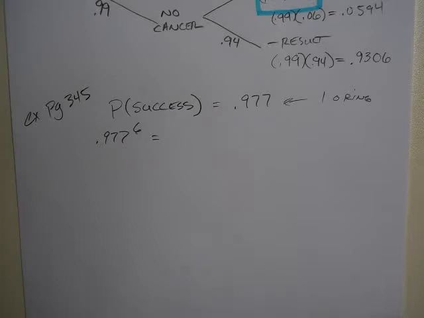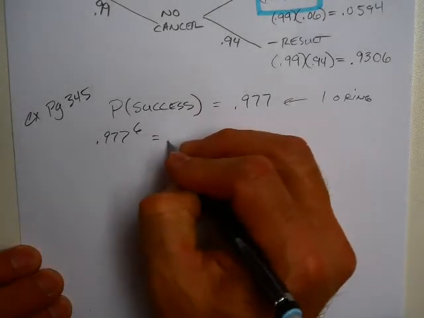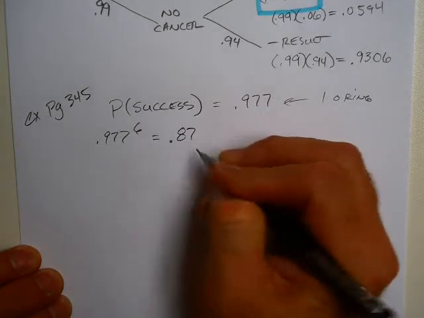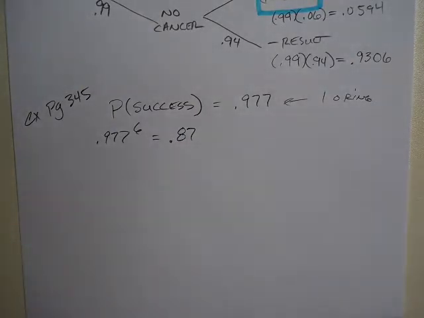Now, 0.977 to the 6th power is only about 87%. So there's about an 87% chance that none of the O-rings fail.